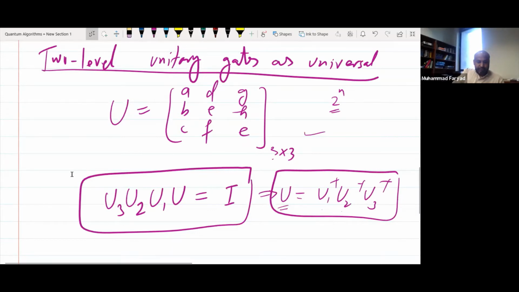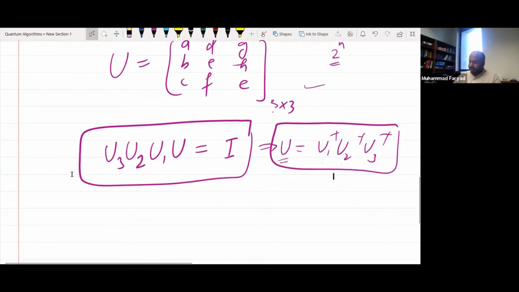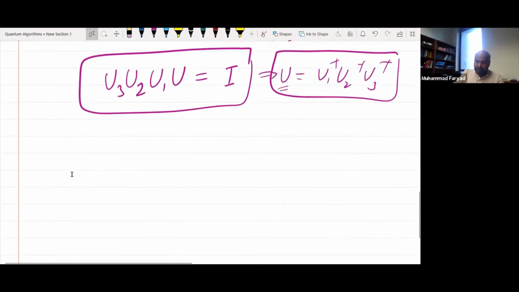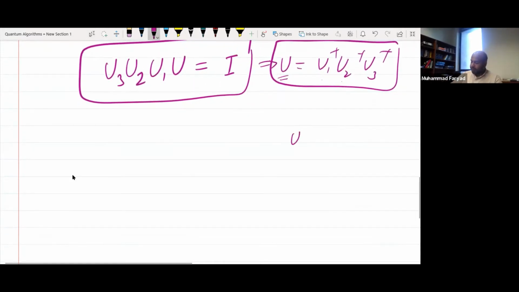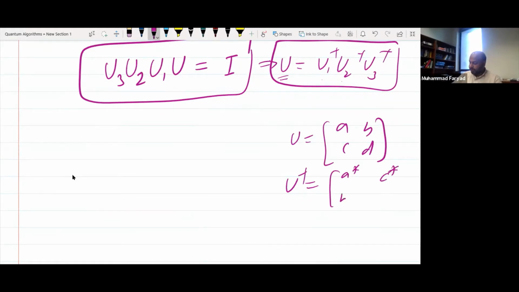Okay, so for this, let me first quickly review. If we have a two-level unitary, what it means to be this unitary matrix. Its complex conjugate is A conjugate, and here I will have C conjugate, B conjugate, and D conjugate. And for this to be unitary means that U dagger U and U U dagger, they should both be identity.